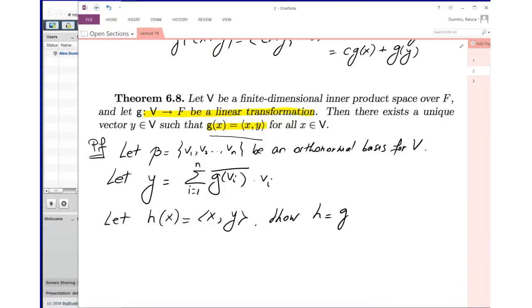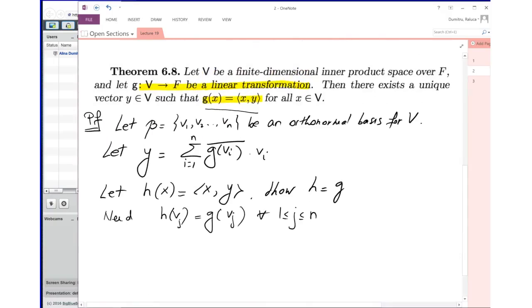Now, how do you show that two functions are equal? They have to agree at every vector. But isn't it enough to show that they agree at every vector in a basis? Because they are linear, if they agree on a basis, you can extend that to any linear combination. So it's enough to show that h of vj equals g of vj for every j.